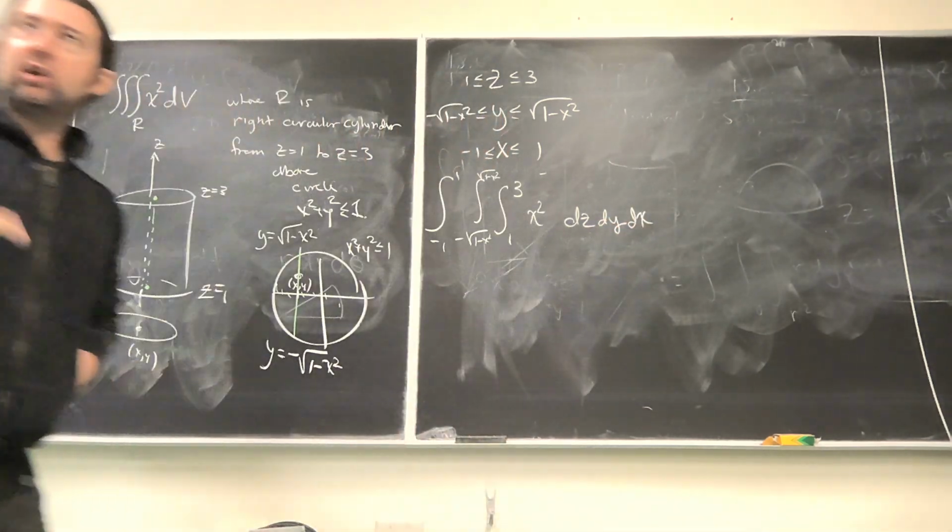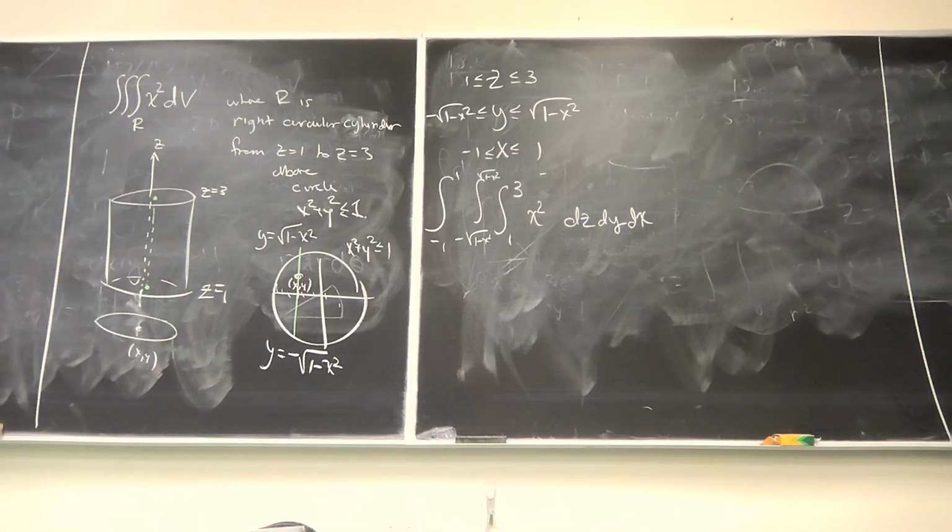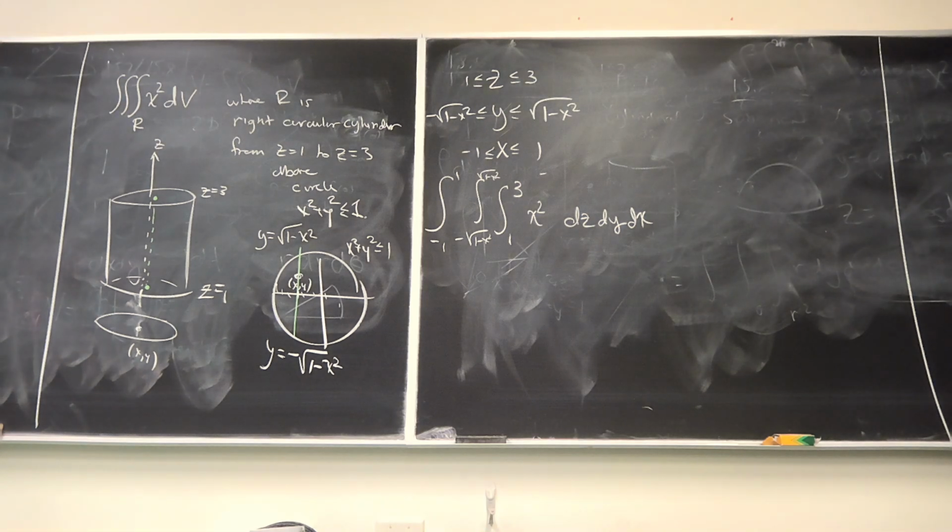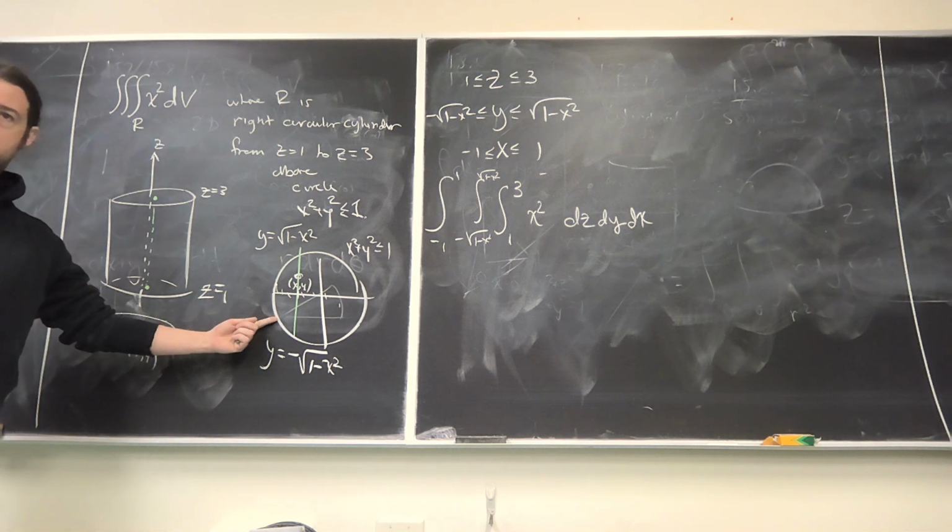And you should already be shuddering, because when I integrate the y's out, which aren't there, I'm going to be left with terms that look like x squared times the square root of 1 minus x squared, which is inverse trig substitution. Ugh. That sucks. And the reason it sucks is because everything about the setup of this problem suggests that there should be circles involved, and we didn't use them.